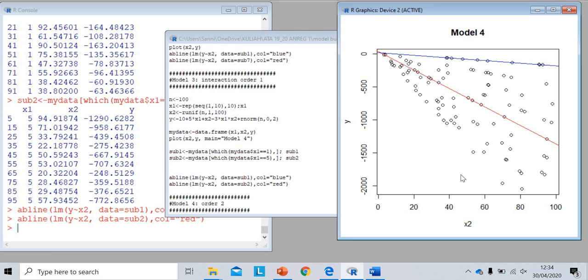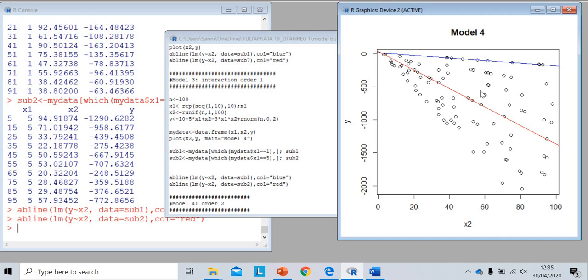For x1 equals 5, when x2 increases, it will decrease y much faster than when x1 equals 1. So in this case, we can say that the effect of x2 towards y depends on the value of x1.